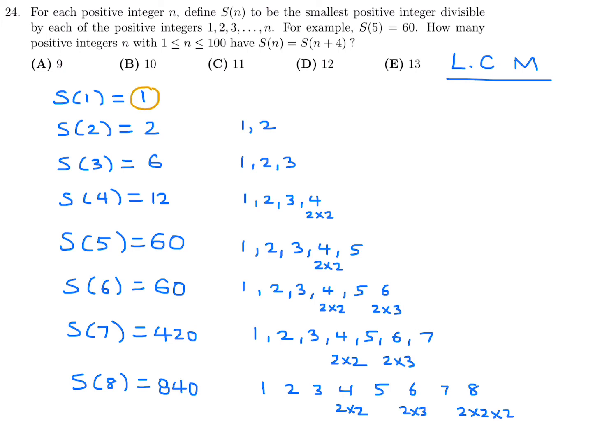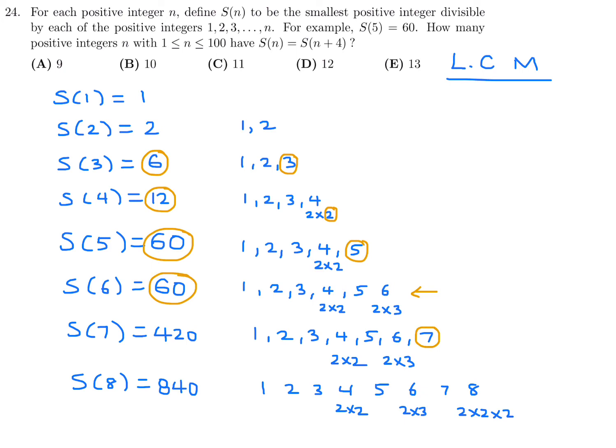We started off with 1, okay, pretty straightforward. Then we got to 2. We introduced here a new prime factor, that's why it went to 6. Here we introduced an additional prime factor, that's why it went to 12. Here we introduced an additional prime factor, it went to 60. Here there was no new or additional prime factor, that's why it remained at 60.